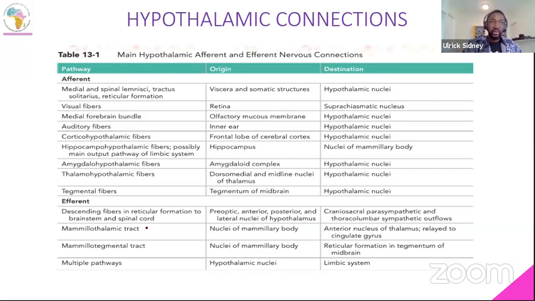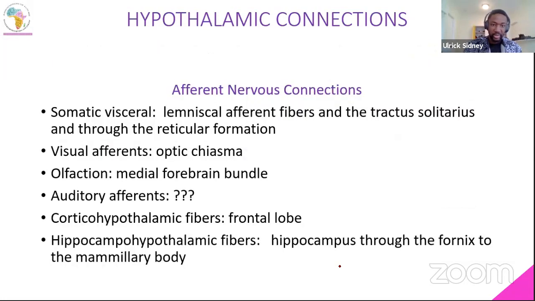So as a reminder, parasympathetic is cervical and sacral, and when we talk about sympathetic, it is principally thoracic, thoracolumbar region. So mammillothalamic goes all the way to the cingulate gyrus. Mammillotegmental goes all the way to the midbrain, and we've got other pathways that go all the way to the limbic system. We spoke about this limbic system elements.